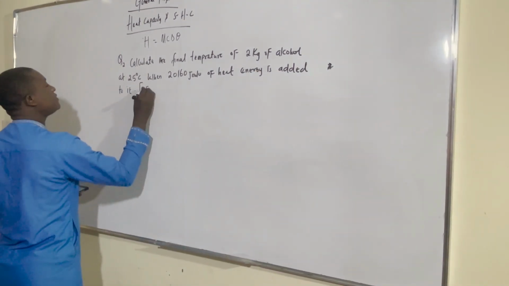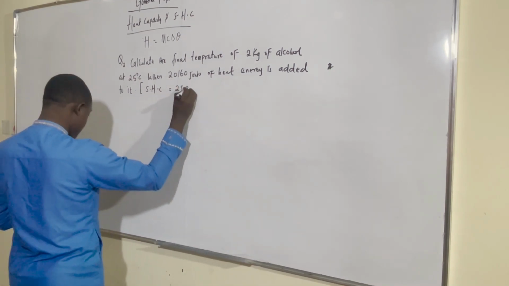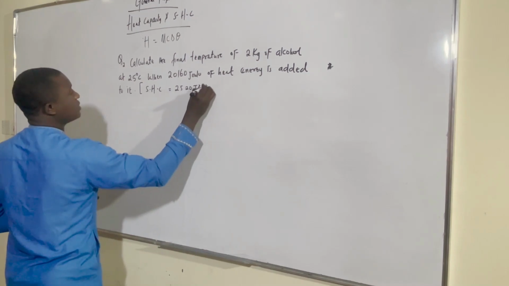And they said take specific heat capacity of alcohol to be 2520 joule per kilogram per Kelvin.